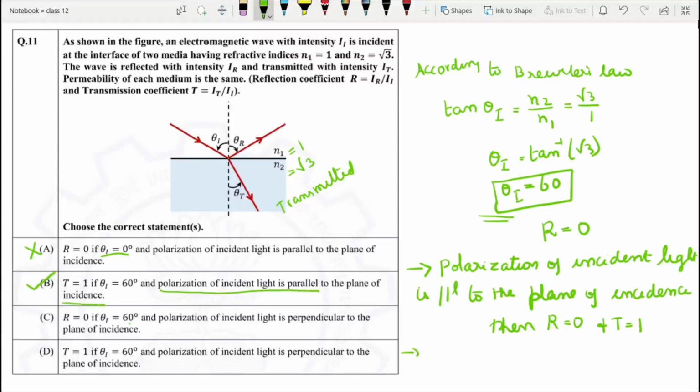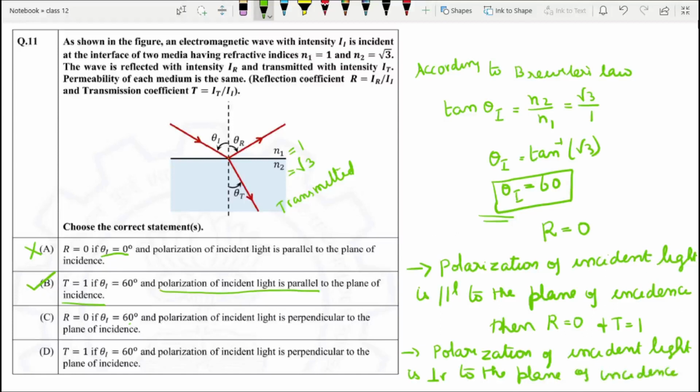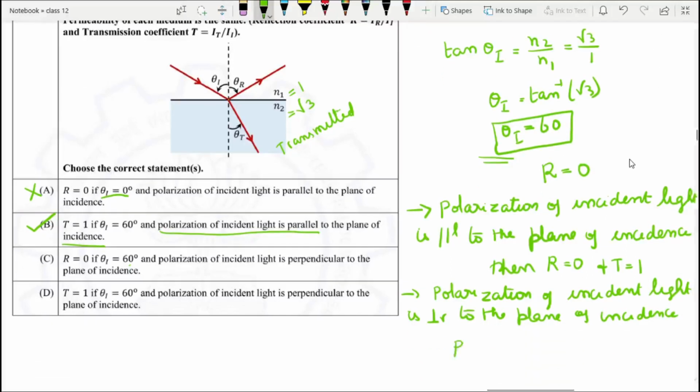And if the polarization of incident light is perpendicular to the plane of incidence, then R is not equal to 1 and R is not equal to 0 and T is not equal to 1.